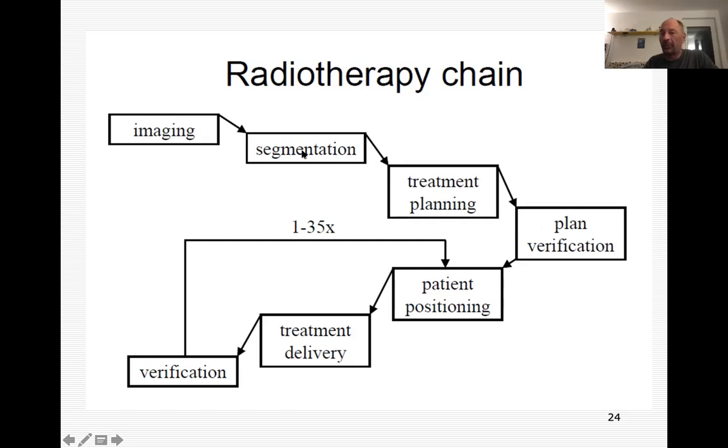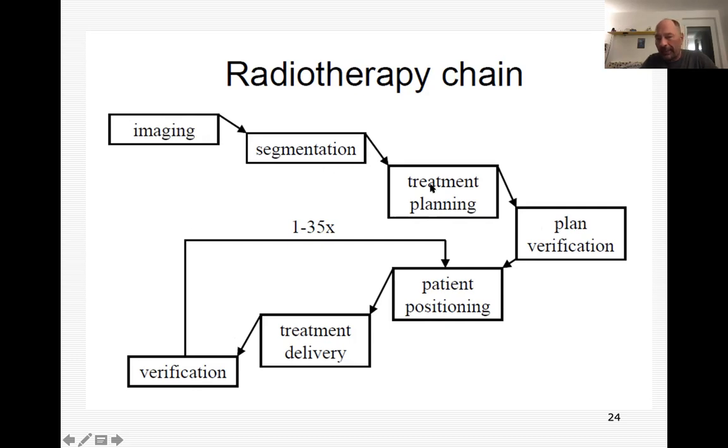You do imaging, then segmentation, treatment planning, plan verification, patient positioning, and finally treatment delivery. And finally you have the verification of what you have given. So you do a post facto dosimetry, if you want, and test, and then you repeat patient positioning and treatment delivery.